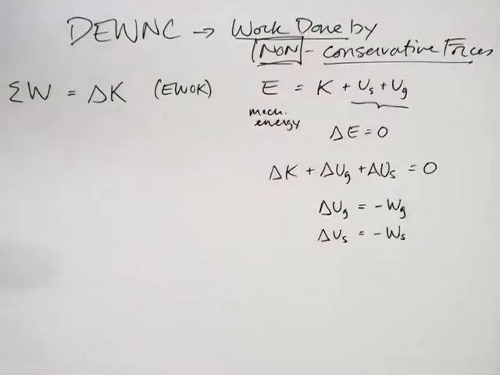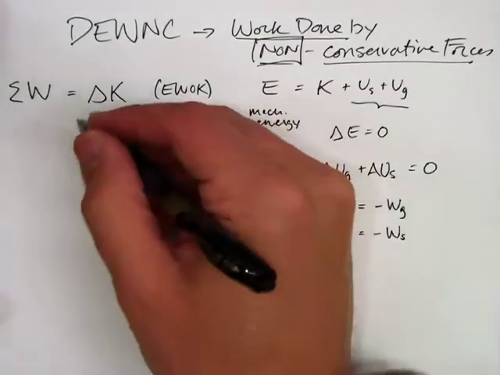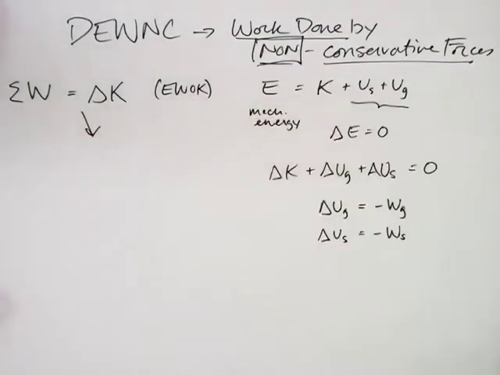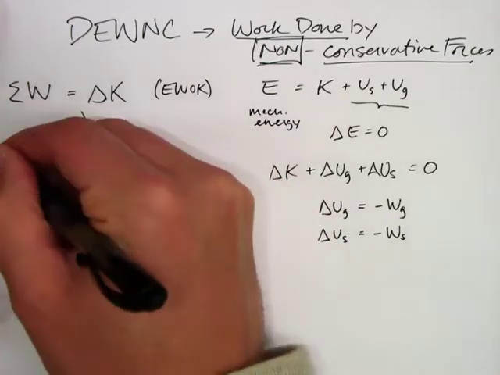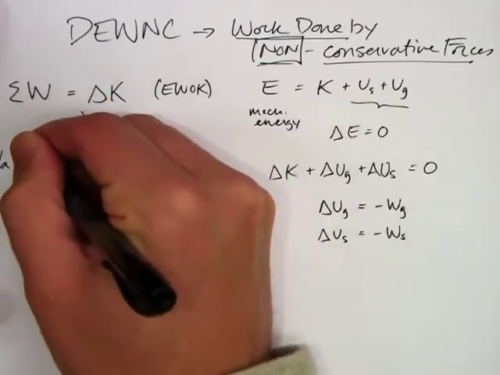Alright, so bear with me in this derivation. Let's start with EWOC. And instead of just saying the net work, let's put in the work done by a bunch of different forces.